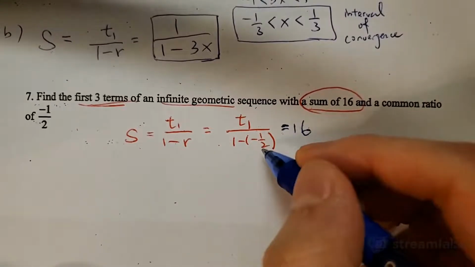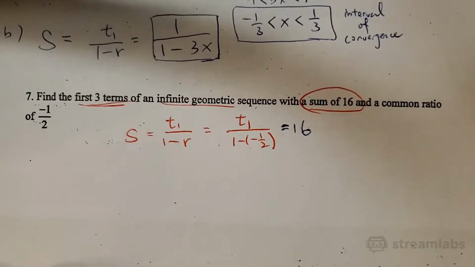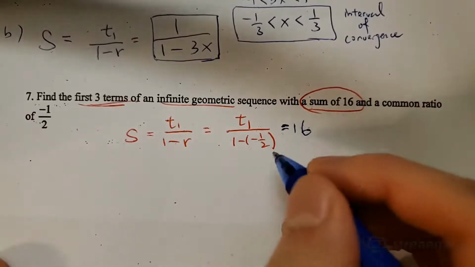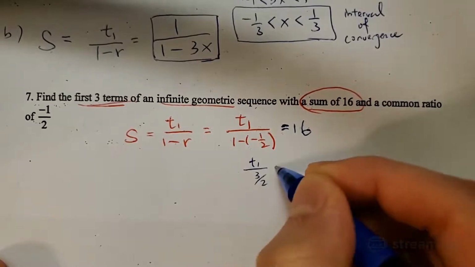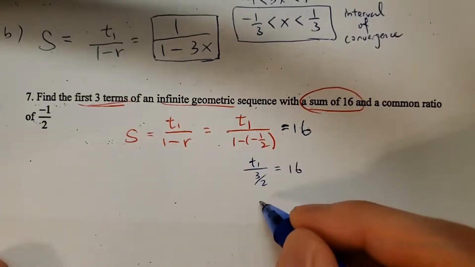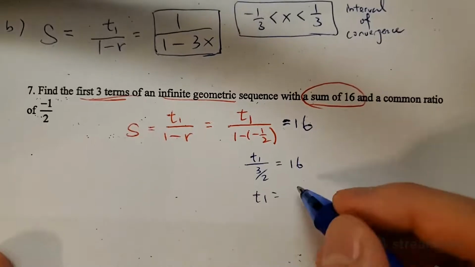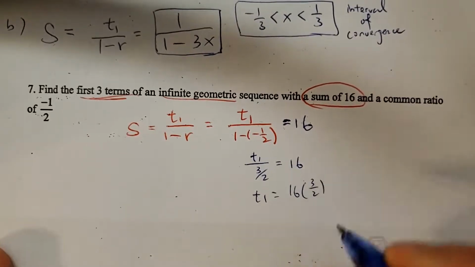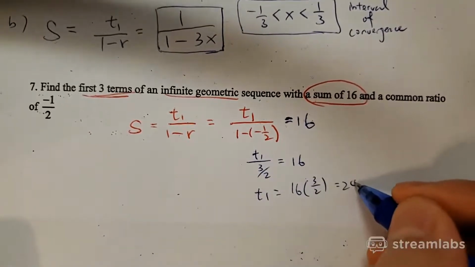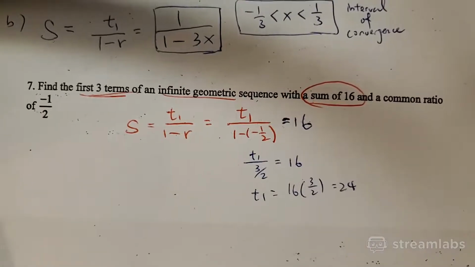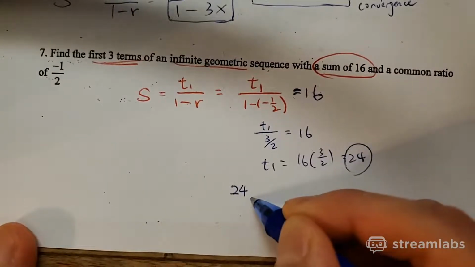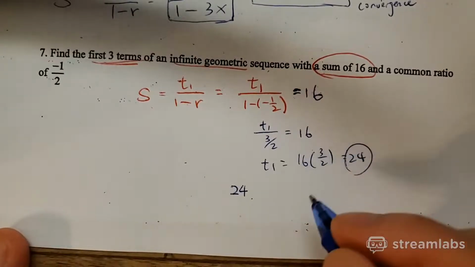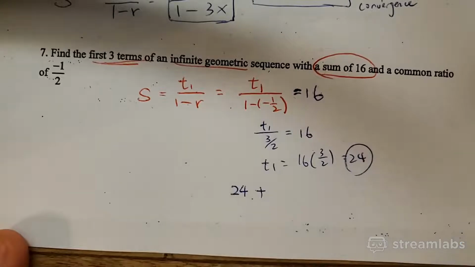Alright, so what do we have? This is T1 over 3 halves is equal to 16, right? So you multiply this over. T1 is equal to 16 times 3 halves, which is 24. Once you get that 24, that's your first term. And the next one would be what? Times, what's the ratio again? Negative half, right?